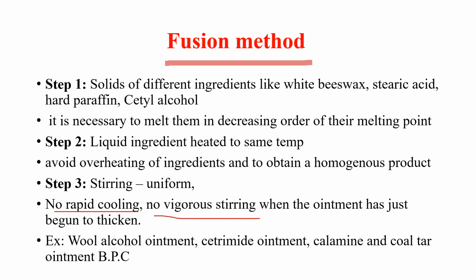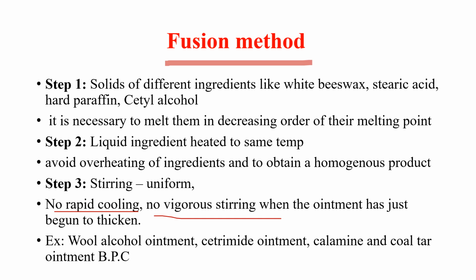No rapid cooling and no vigorous stirring is required here. Otherwise, it leads to separation of the ointment base to one side and the drug to the other side, or solids to one side and the liquid bases to the other side. So ensure that you mix it slowly, uniformly, with no rapid cooling and no vigorous stirring when the ointment has just started to thicken.